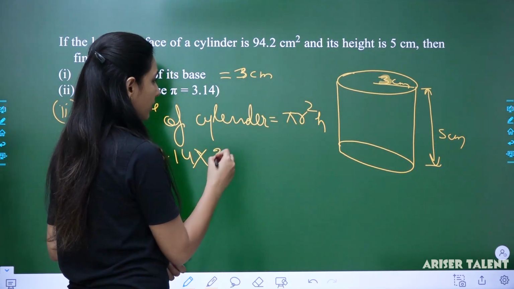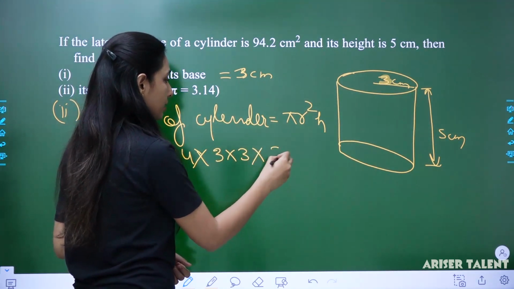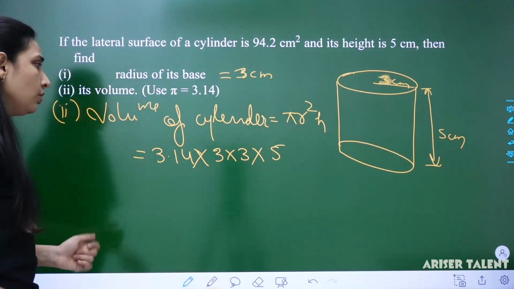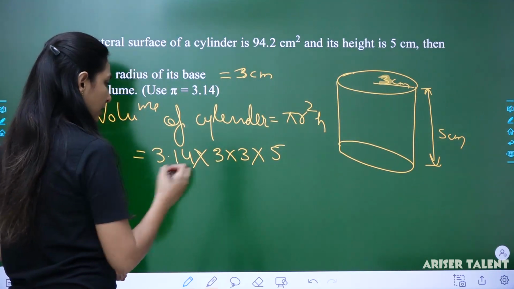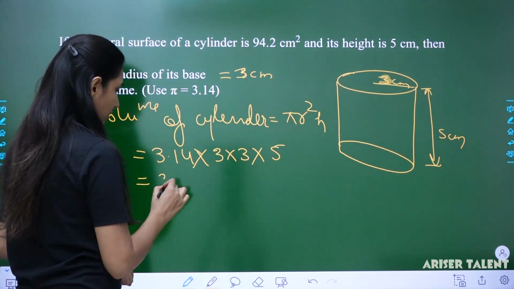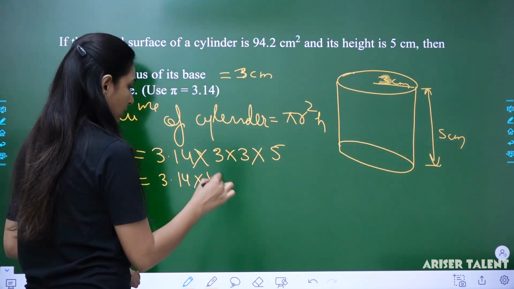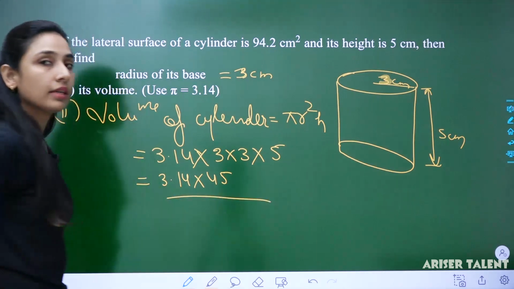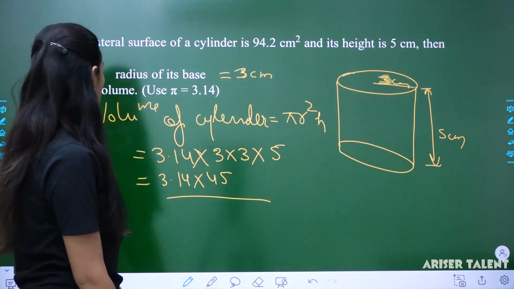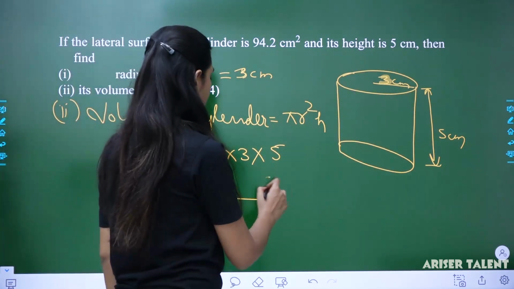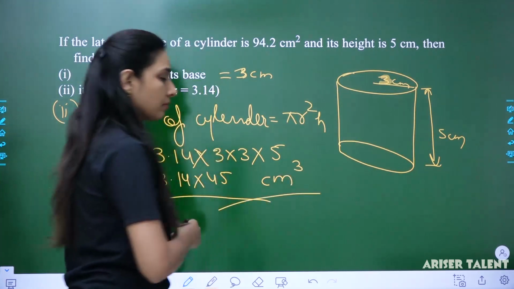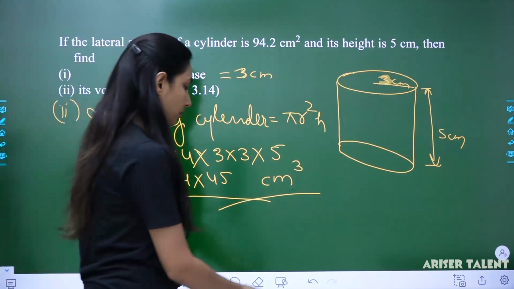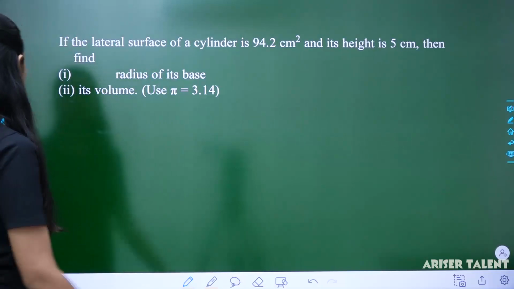R is 3, again R is 3, H is 5. Do again the calculations here, that is 9, it's 45. Now what you have to do, just calculate this and you'll be getting the answer, and the answer will be in centimeters cube. Okay, done with this question also.